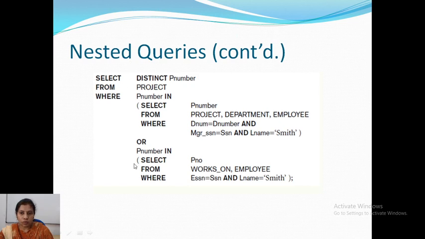Now this is one of the examples. We are finding the project numbers on which Smith is working, and also the projects of the department that he controls.